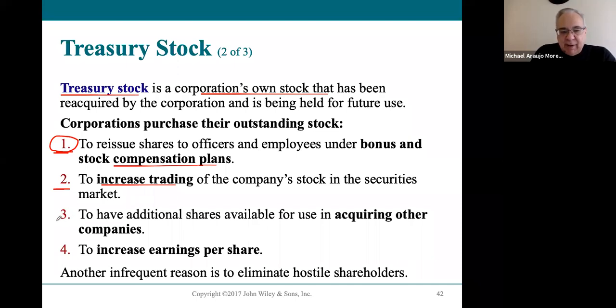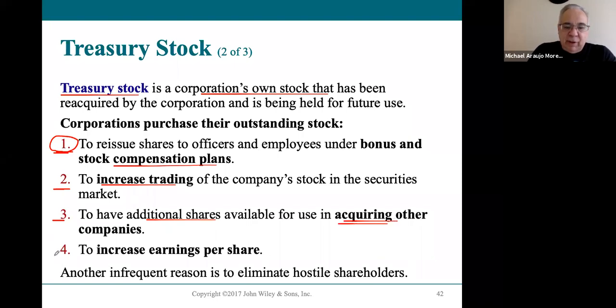Sometimes they buy their own shares so they can have that access to capital to buy other companies. A lot of companies buy other companies out. It's not all for cash. In some cases, it's for stock as well, and it's the treasury stock that they use to buy the other company.